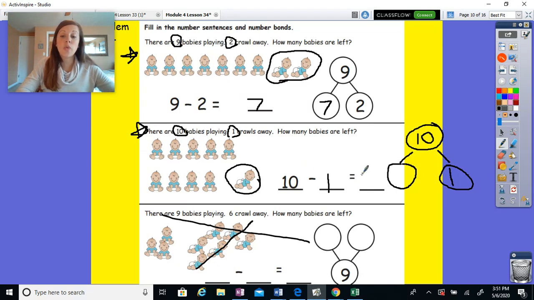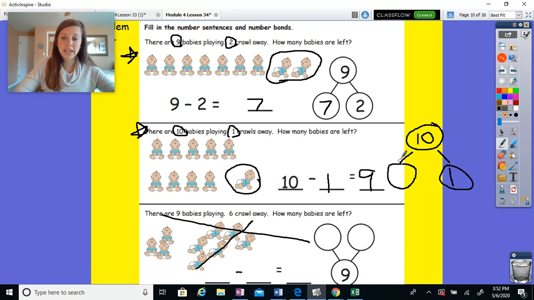Then we need to know what comes after the equal sign is how many babies are left. So after the 1 crawls away, how many are left? Let's count. 1, 2, 3, 4, 5, 6, 7, 8, 9. 9 babies are left.